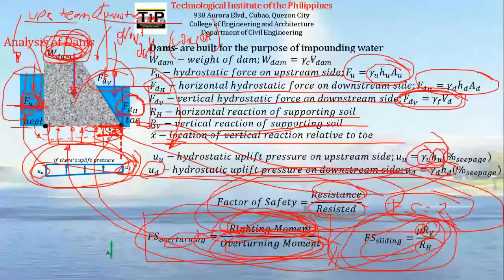Then we divide it by R sub H, the horizontal reaction of the supporting soil. This should be more than R sub H for the dam to not slide. That's the brief explanation of the analysis of dams. Let us now go to the problem.